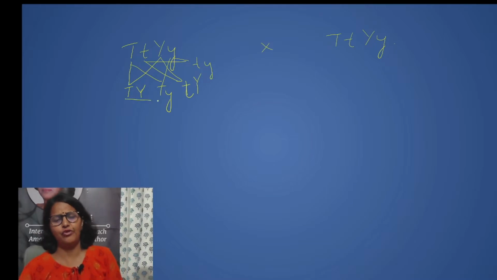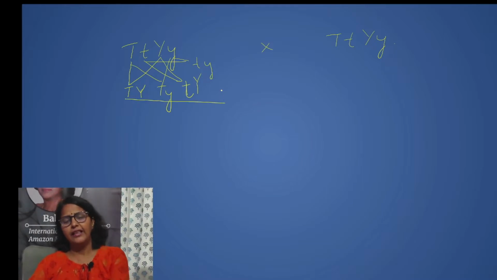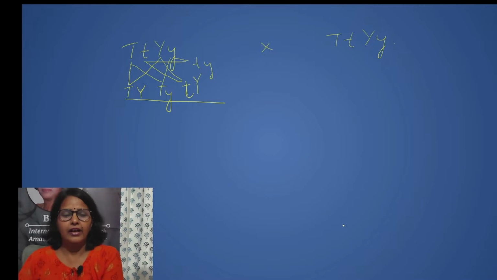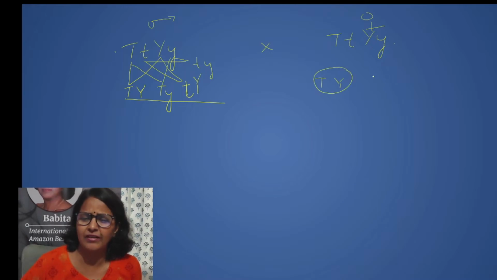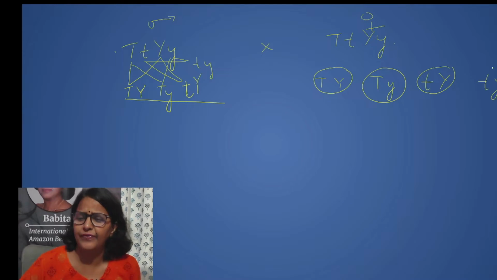So these are 4 different types of gametes that are formed when we have this as parent. Here also we have the same type, so we will have same 4 gametes, capital T capital Y, capital T small y, small t capital Y, and small t small y.